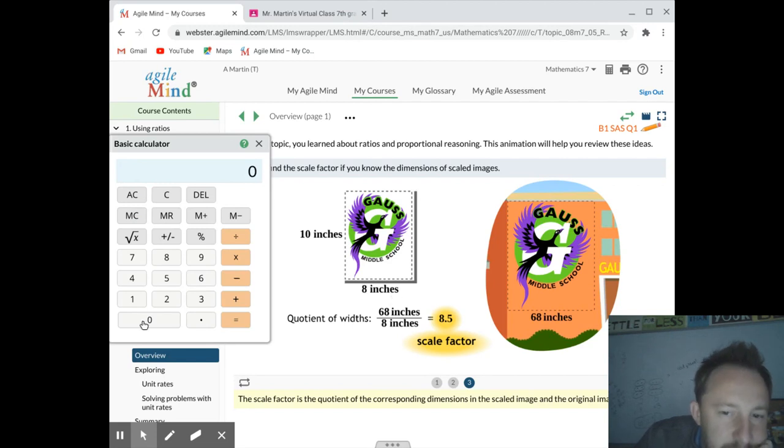So right now it's saying that if you take 8, which is the width of this, and multiply it by 8.5, it gives you 68 inches. So what do we need to do to figure out what this height would be from here to here?